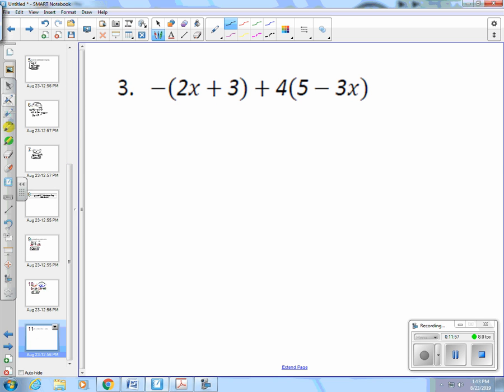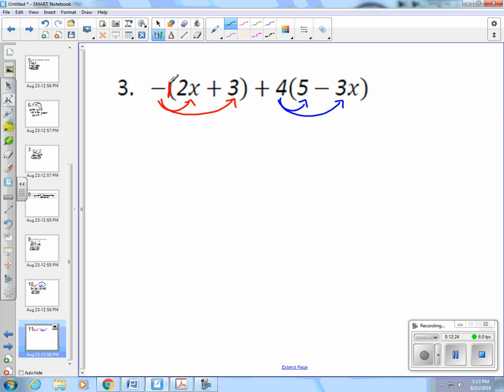And our last example, when you have just a negative sign out front, that's like a negative 1 times whatever's inside the parentheses. So negative 1 times 2x, negative 1 times 3. And the other one has a positive 4 times 5 and a positive 4 times a negative 3x.